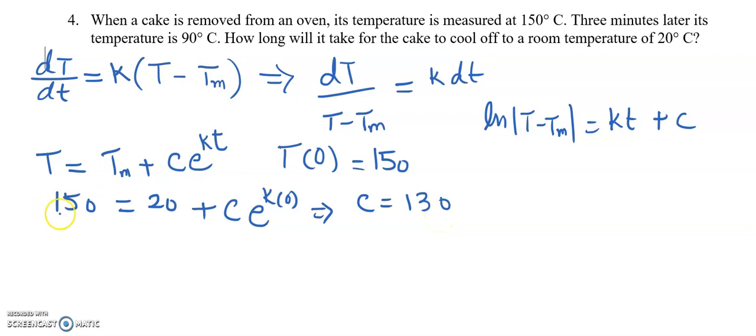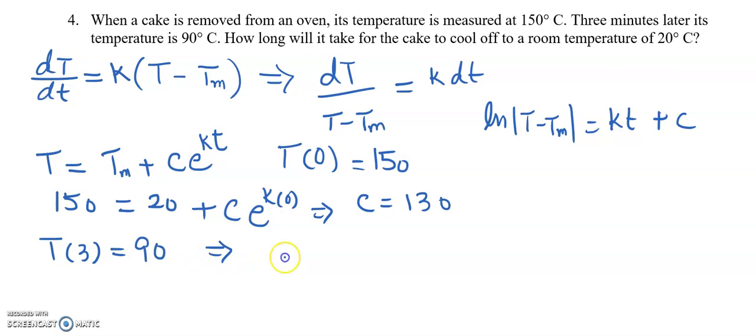Now we can apply the second condition. It says 3 minutes later its temperature is 90 degrees centigrade. So T at 3 minutes is equal to 90.